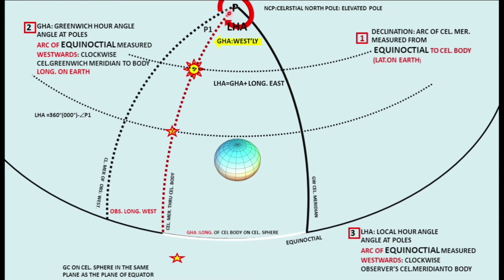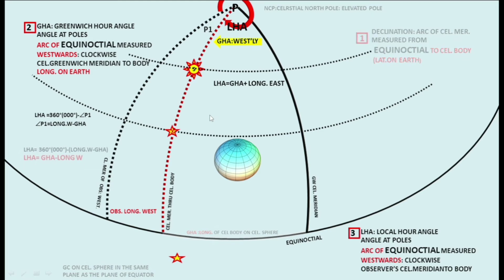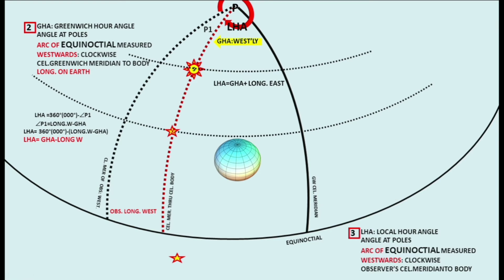So LHA is 360 minus P1. And what is P1? Longitude minus GHA. So we come to the conclusion that LHA is equal to GHA minus longitude west. This is an important relation between GHA, longitude and LHA, which is going to be used quite often in celestial navigation.